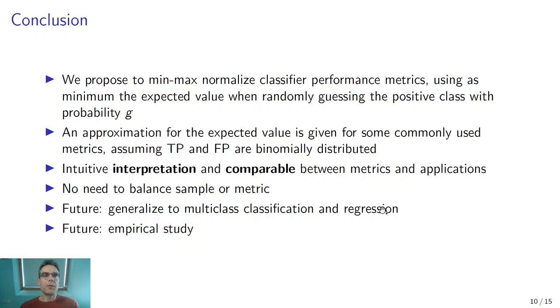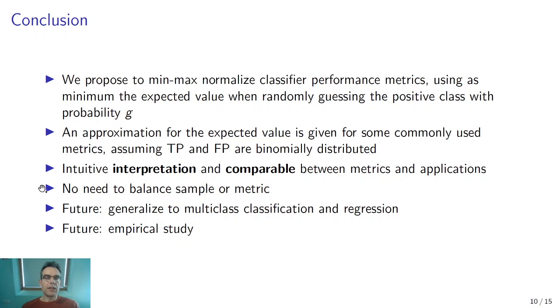So in conclusion, we propose to min-max normalize the classifier performance metrics, using as minimum the expected value when randomly guessing the positive class with a certain probability G. We give the approximation for the expected value for a number of commonly used metrics, where we assume that the number of true positives and false positives follow a binomial distribution, and this gives an intuitive interpretation and makes metrics and applications comparable.